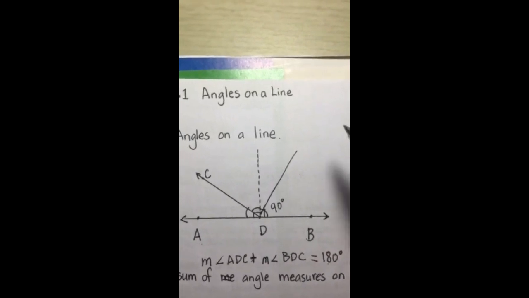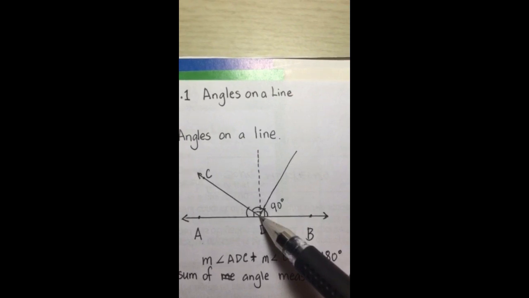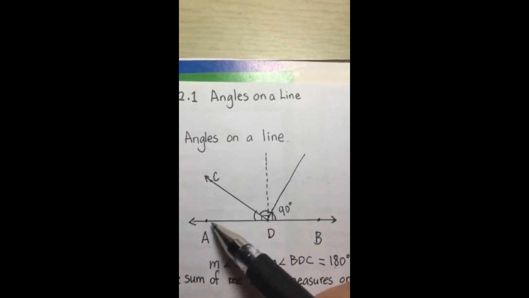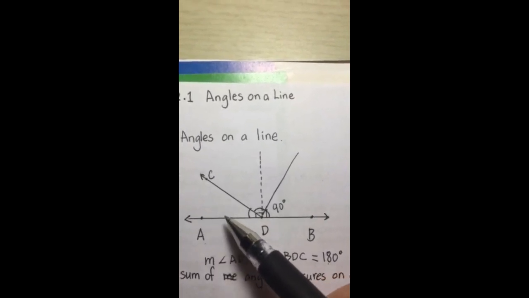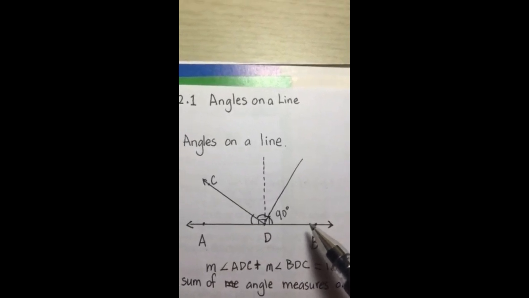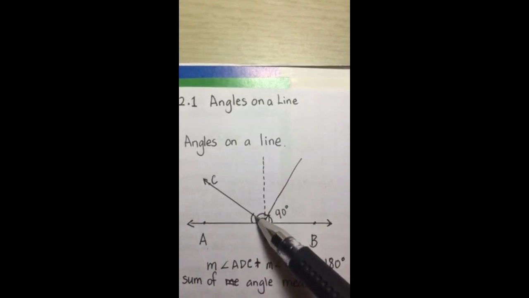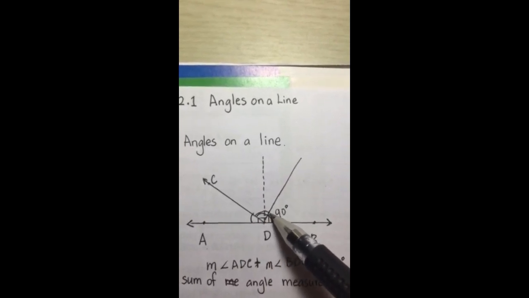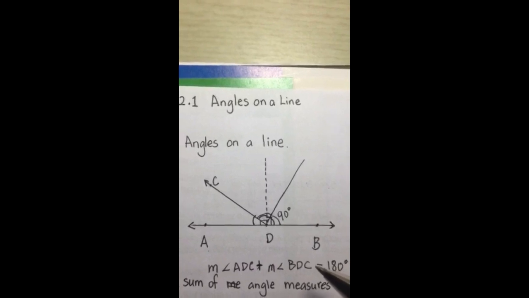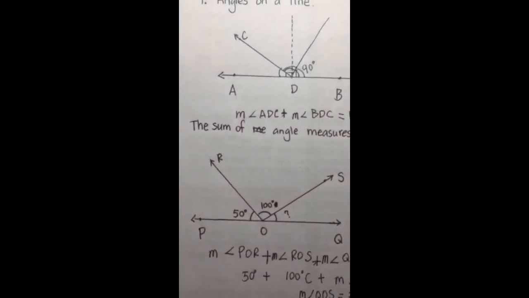Even when you have more angles, if they share a point, the vertex, and their sides make a straight line, they are still called angles on a line because the sum of all of them still makes 180 degrees. Just like this one.